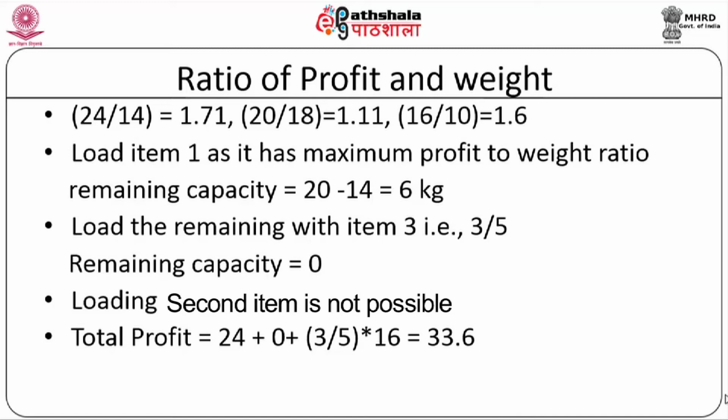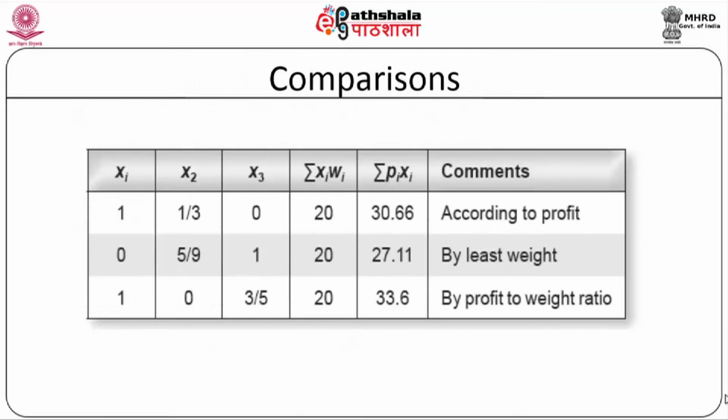Therefore, I am loading item 1. So, 20 minus 14 is 6. The next item where profit to weight ratio is high is item 3. Therefore, for the remaining capacity of the knapsack, I am filling it with 3 by 5. Loading of item 2 is not possible. In this case the total profit is going to be 33.6.